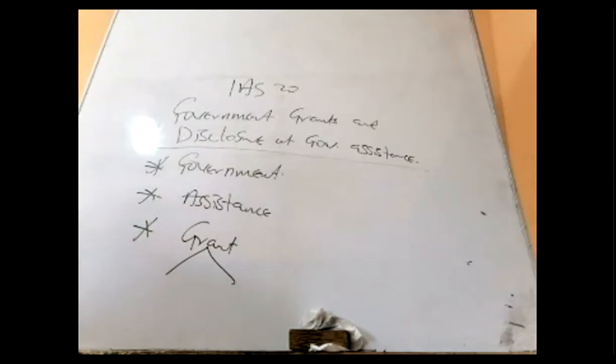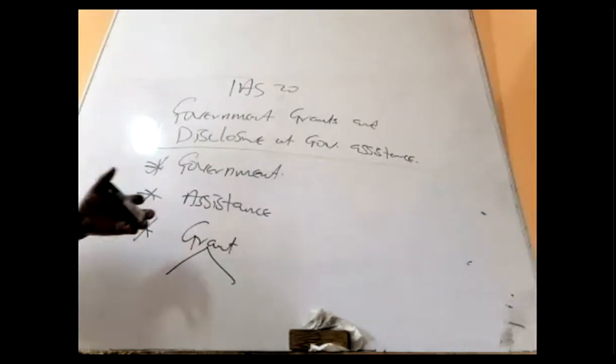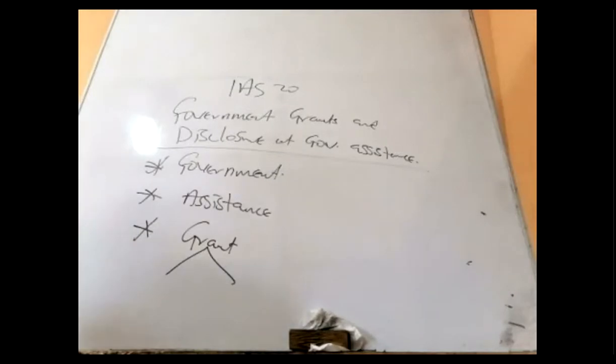Then what about grants? I'll give you examples of assistance, like grant of a local operating license, a permit, and then a quota.